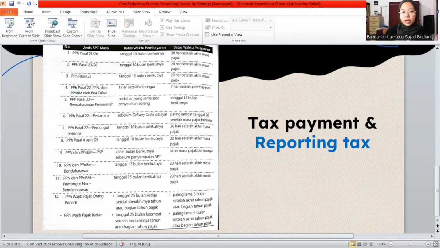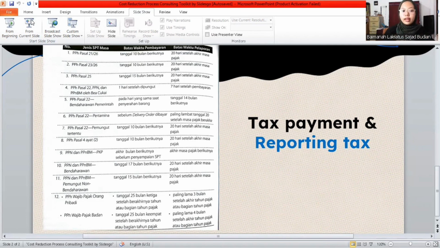For PPN and PPN BM PKP, the tax payment is akhir bulan berikutnya sebelum penyampaian SPT, and reporting tax is akhir masa pajak berikutnya. And then PPN and PPN BM bendaharawan, the tax payment is tanggal 15 bulan berikutnya, and reporting tax is 20 days after akhir masa pajak.